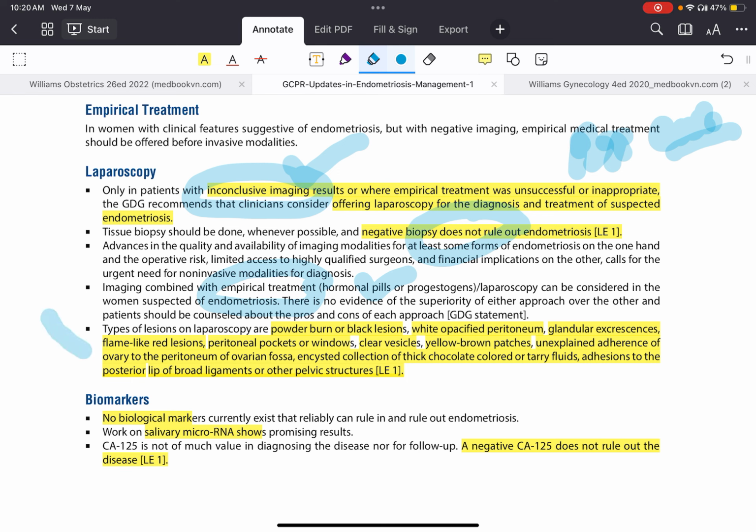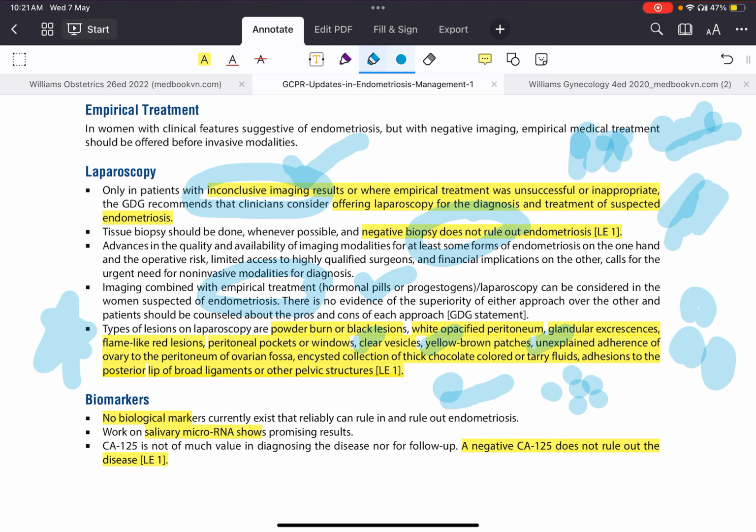Type of lesions, this is important. What are the types of lesions you'll see? You'll see powder burn lesions or black lesions. We can see white opacified peritoneum, glandular excrescence, flame-like red lesions, peritoneal pockets or windows, clear vesicles, yellow-brown patches, unexplained adherence of the ovary.